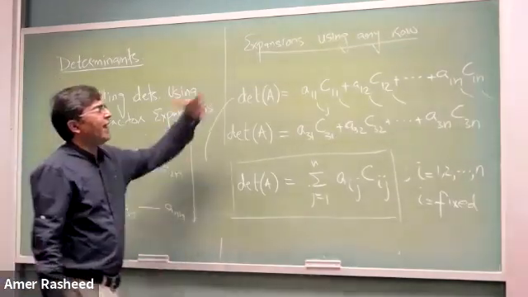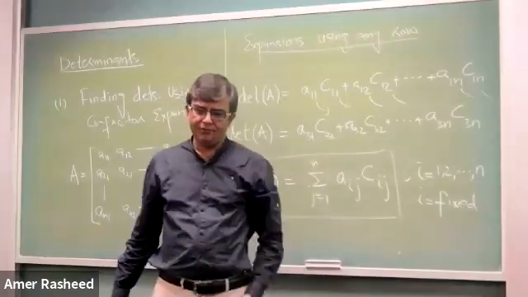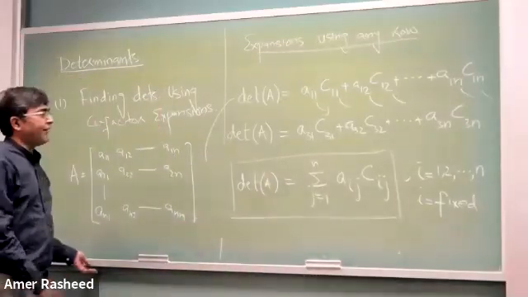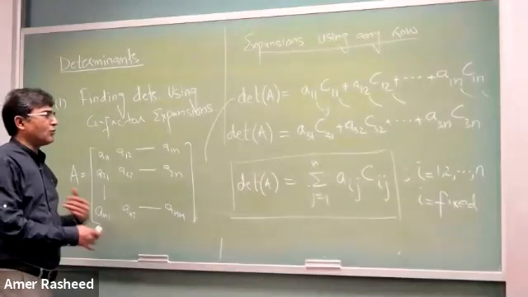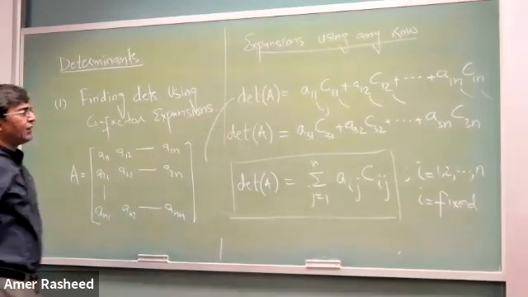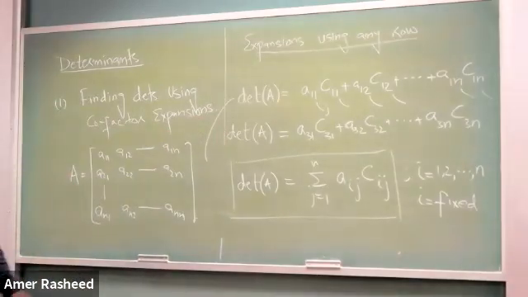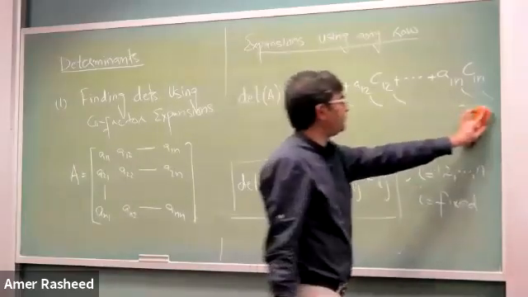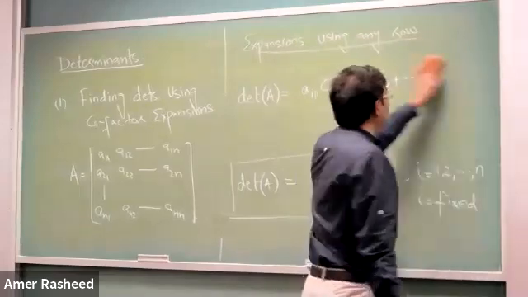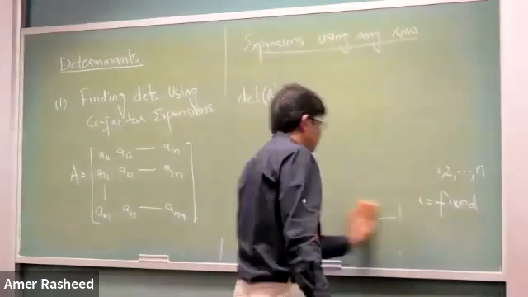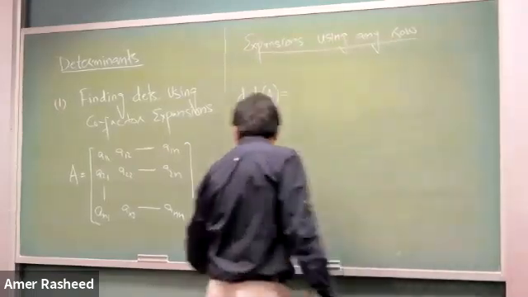Similarly, we can write expansions using columns. We can find the determinant by using a cofactor expansion with respect to a particular column. If you have any questions regarding this, you can ask me, otherwise I'm going to erase it. And I'm going to write now the cofactor expansion with respect to a column.